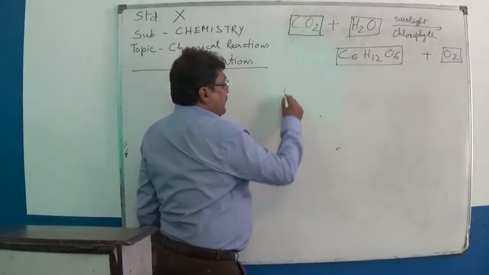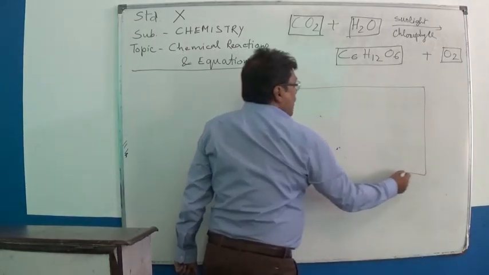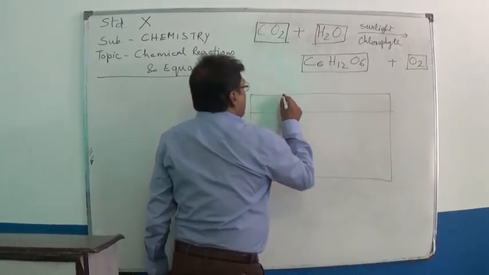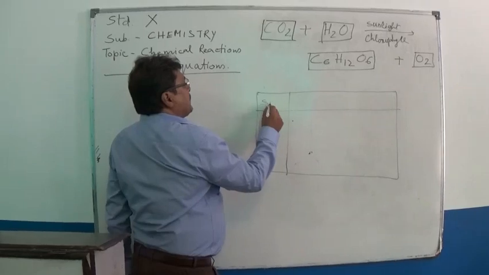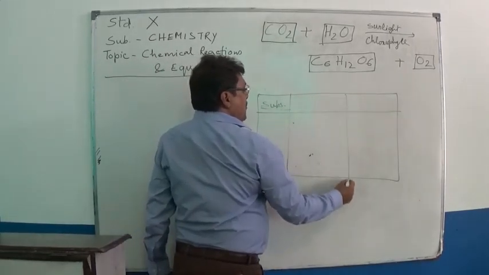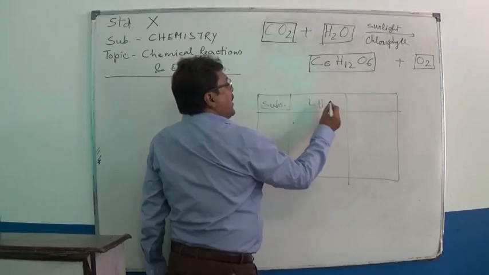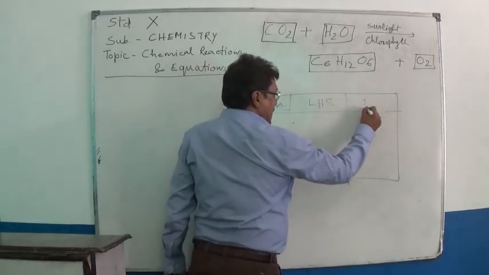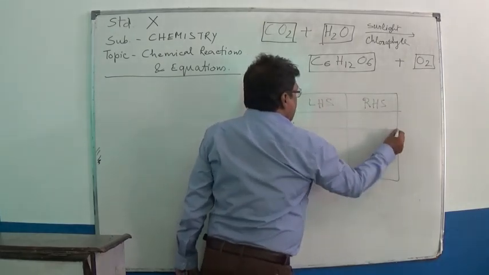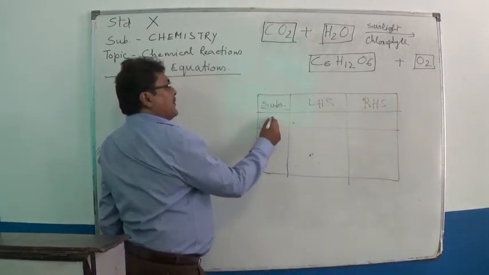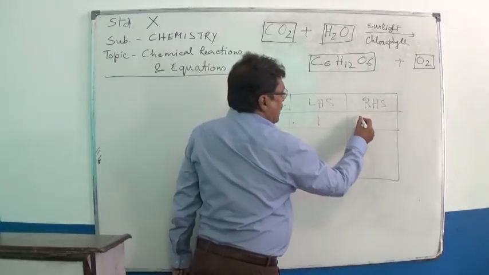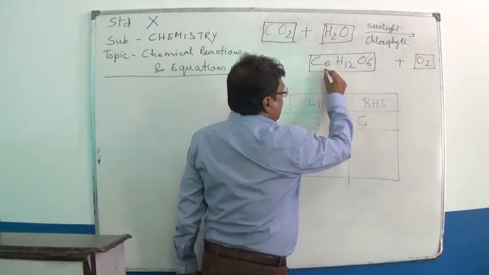Next we tabulate the substances, the number of atoms of each substance on the reactant side and the product side. How many substances are there? Carbon is there. How many carbon on this side? 1. On the reactant side, 6.